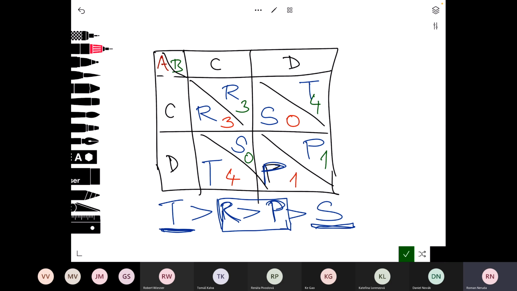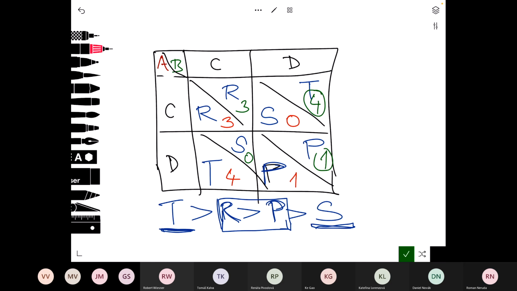The important thing is that the one that defects is getting lots of money. So that's this situation, right?